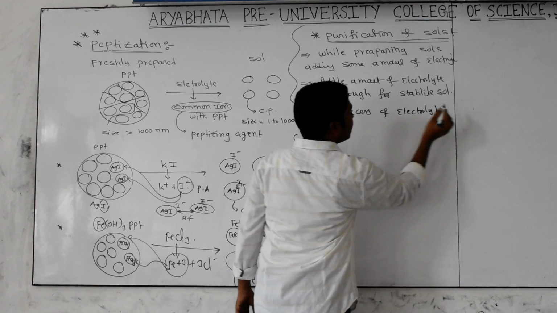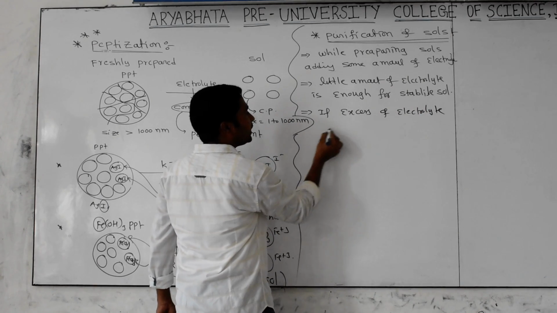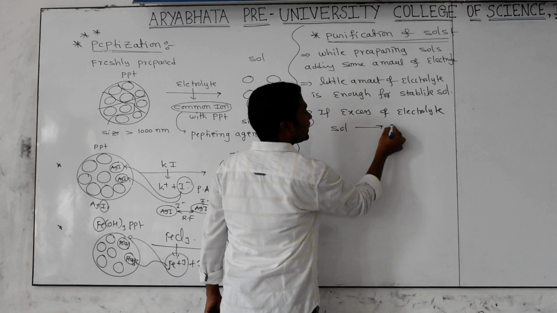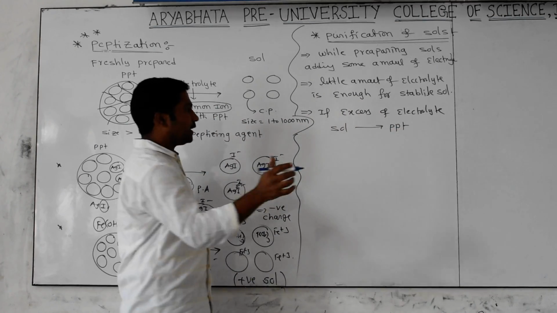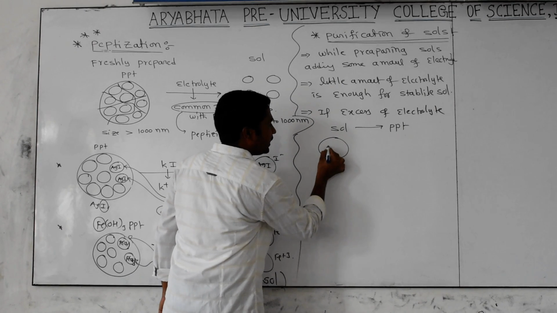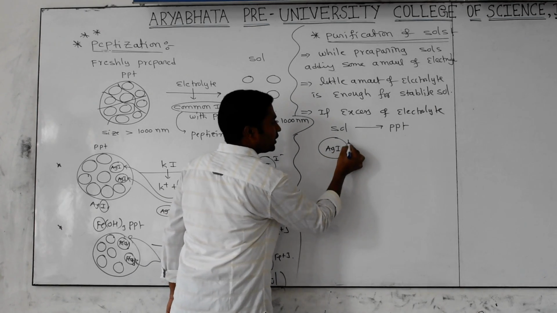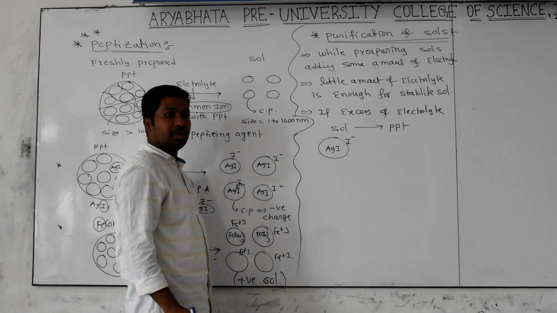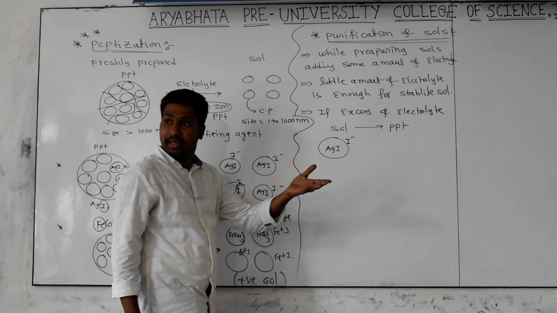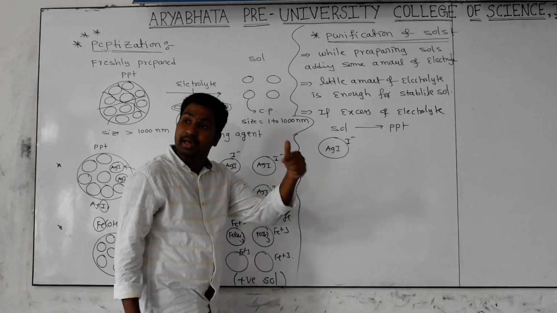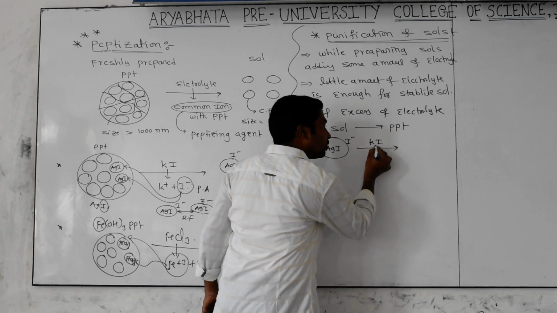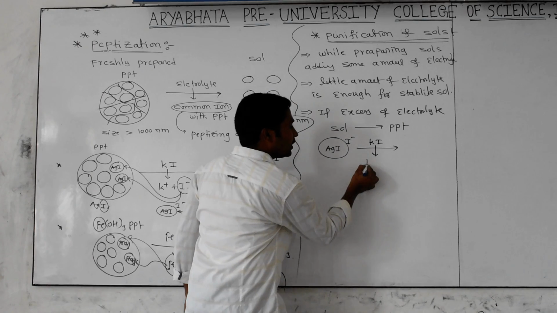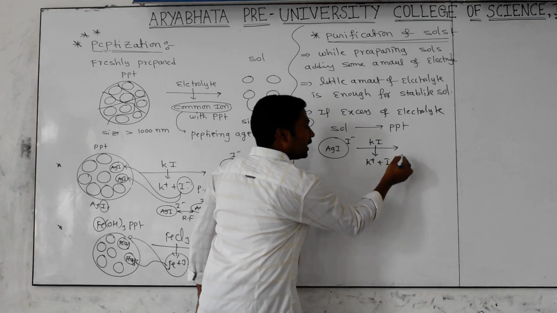If excess electrolyte is there, what happens? The sol becomes like a precipitate. For example, you have AgI particles with I minus already on them. You added 5 grams of KI, but still 3 grams of KI remain. Then this KI still undergoes dissociation into K plus and I minus.